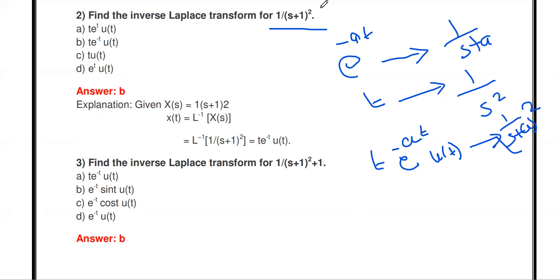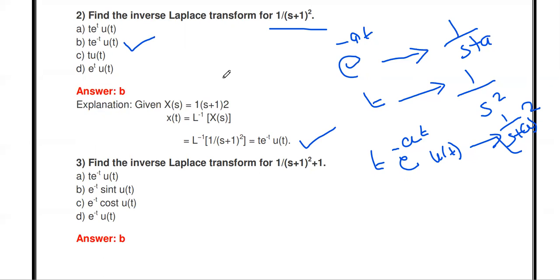Here X of s is 1 by s plus 1 the whole square, so in place of a, the number 1 is there. So the inverse Laplace transform of 1 by s plus 1 the whole square is t into e power minus t u of t. So this is the answer.